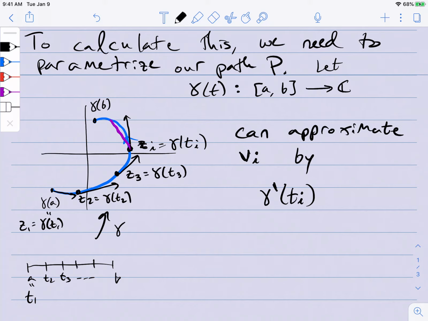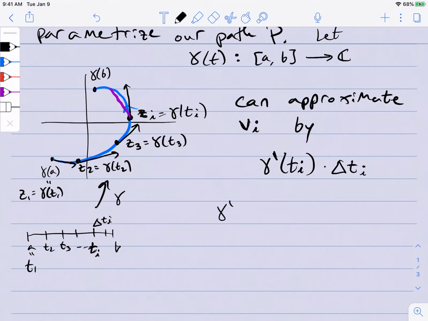And if you think about it, the correct thing to scale it by is just the length of the corresponding interval. So here's delta ti. And if I scale it by this length, then that's going to give me a vector that nicely approximates that piece of the curve.